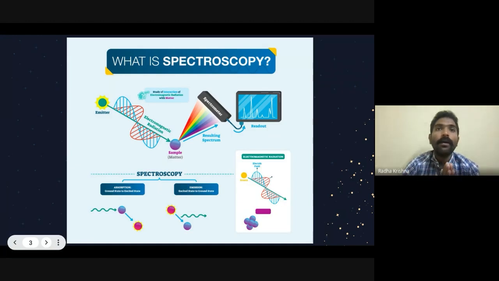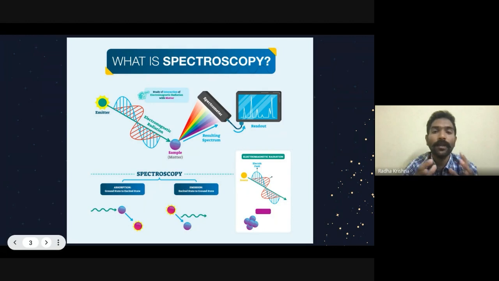So by reading what is the wavelength of light that is getting absorbed and what is the wavelength of light that is getting reflected, you can come to certain sorts of conclusion about what is the material, what is the compound that is there in the particular test that you're doing. So this is called spectroscopy.